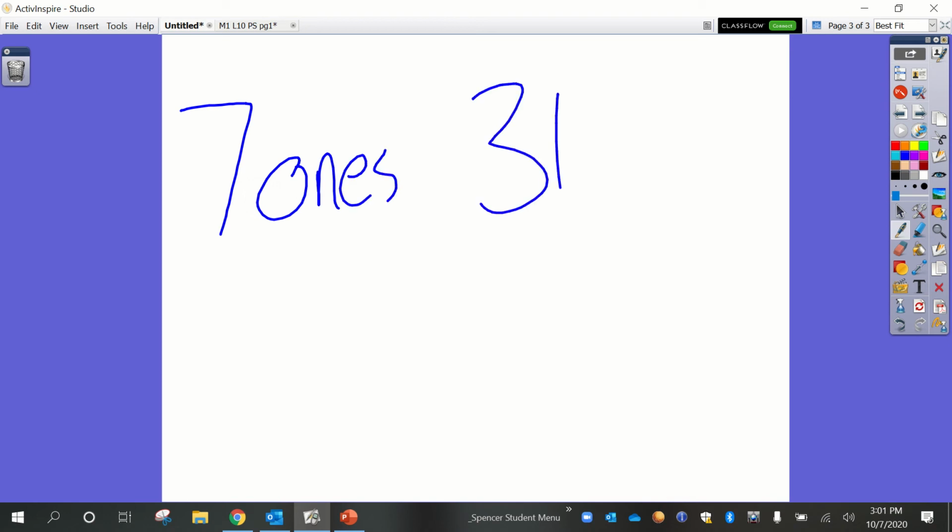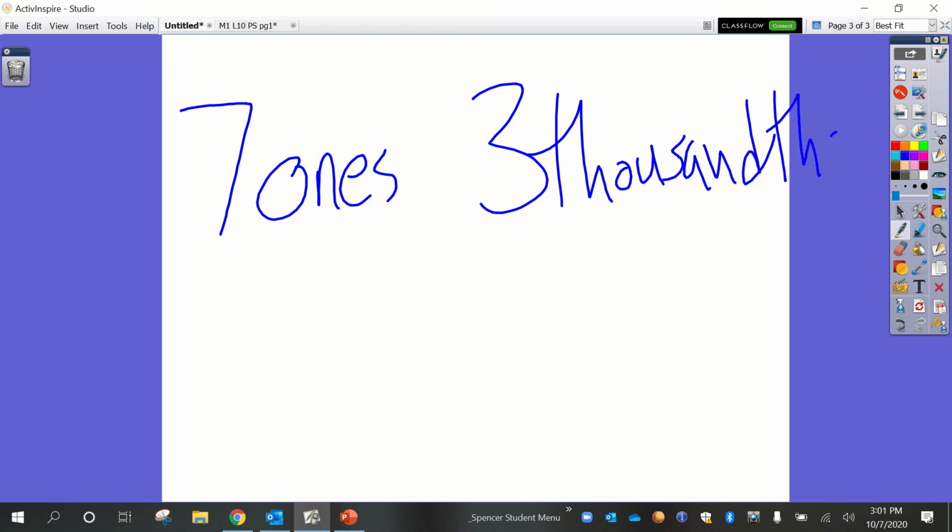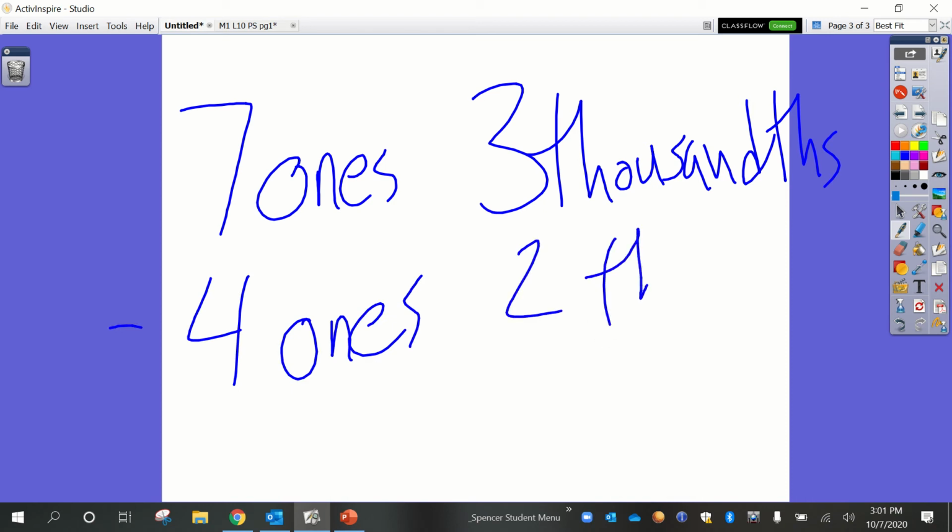Remember, we can combine or take away the same unit. So what I mean by that is if I have 7 ones and 3 thousandths, and I want to subtract 4 ones and 2 thousandths, well, what do I need to do?